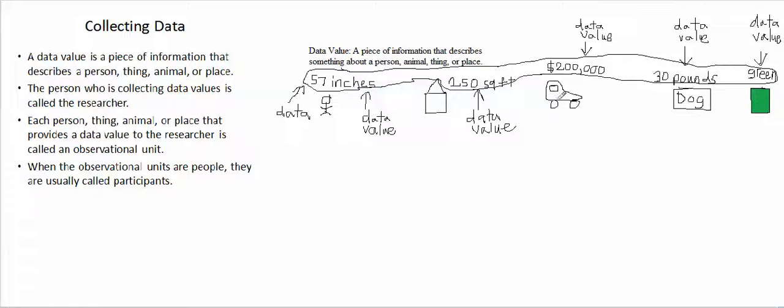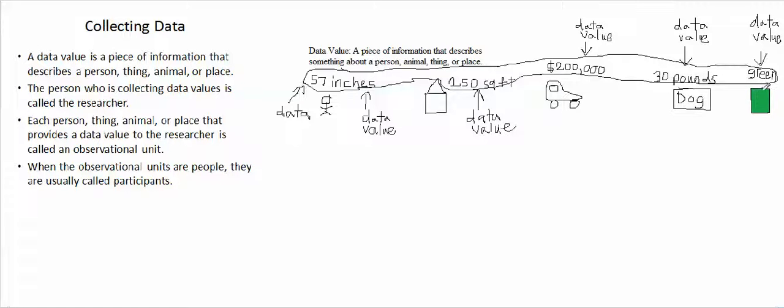If I found out this car is worth $200,000, then $200,000 is the data value, and the car is the observational unit. If I weighed this dog, and it turned out that the dog was 30 pounds, then 30 pounds is the data value, and the dog is the observational unit.